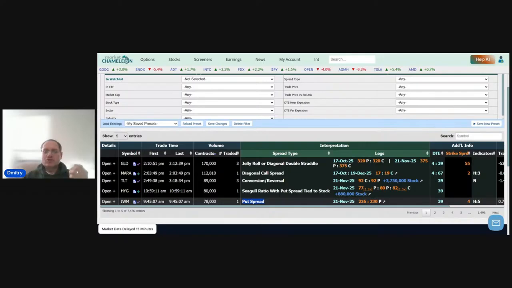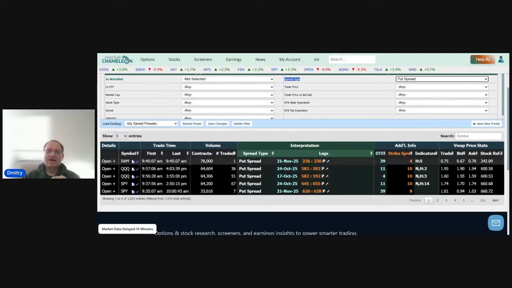So if we were just looking, for example, at put spreads, we could come up here, spread type, and drop this down. And I'm going to go down to the put spread. By selecting that, now we're looking at multi-leg trades that we detected, by our interpretation, were a put spread. Over 1,533.